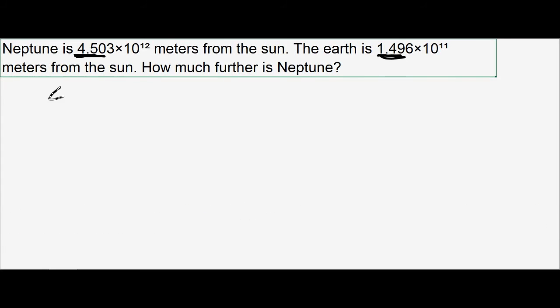So I'm going to rewrite 4.503 times 10 to the 12th. I'm going to call that times 10 times 10 to the 11th. So I still have 12 tens, but now I can multiply my 10 times the 4.503.